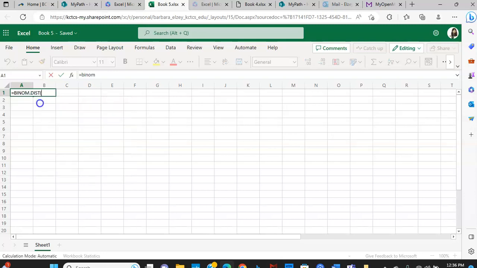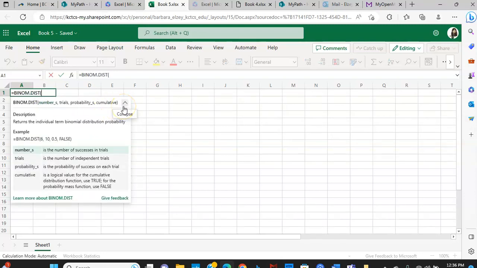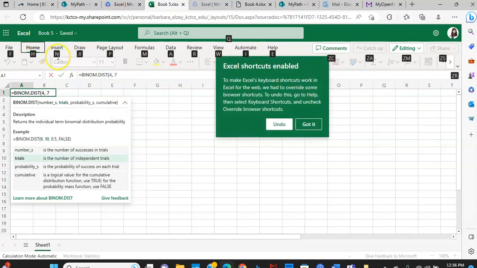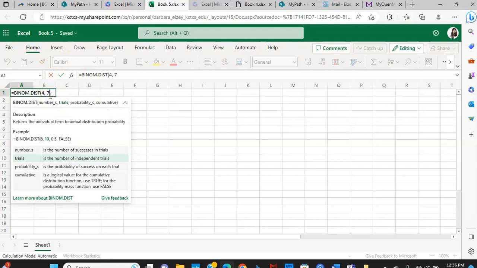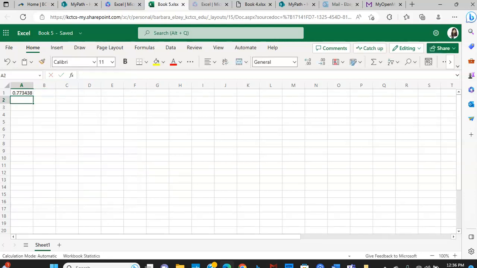And usually this pops up and I just hit that. All right, our number of successes will be 4. Our trials will be 7. Our probability is 0.5. And then it says cumulative, and we just want to put true. Close those parentheses, and that probability is 0.773438.